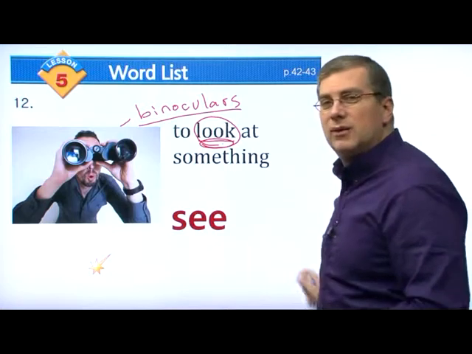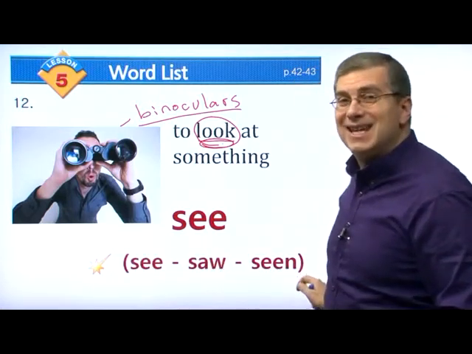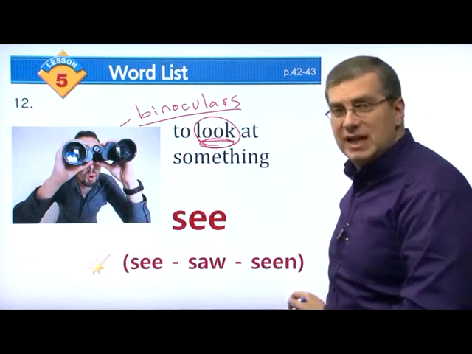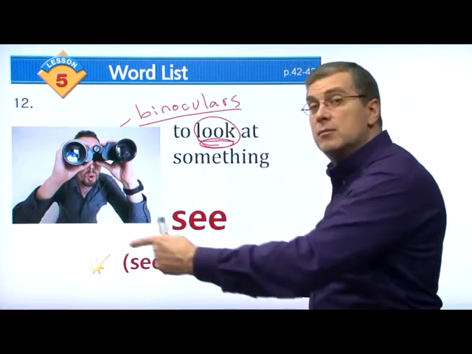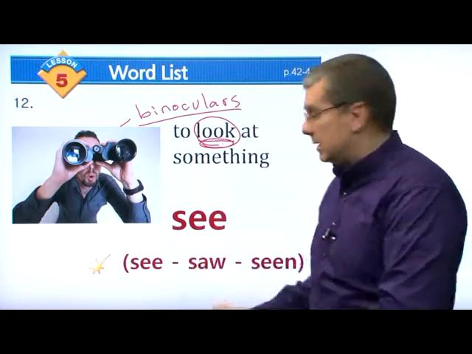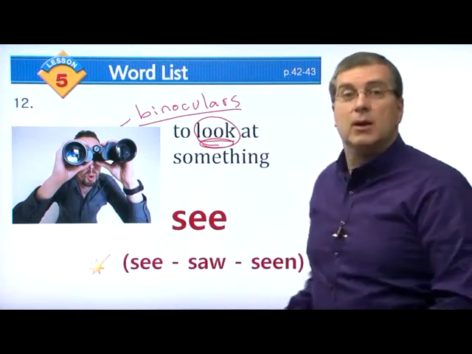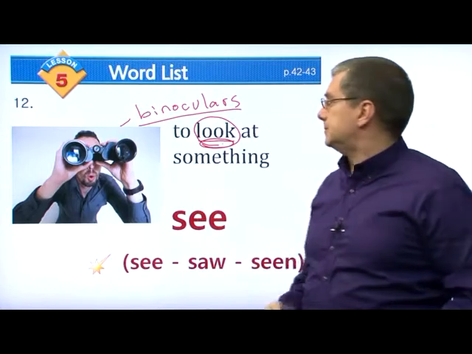So what are the different forms? We have see, saw, seen. I see you. I saw him this morning. I have seen that movie. See, saw, seen. Okay, so that's see, to look at something.